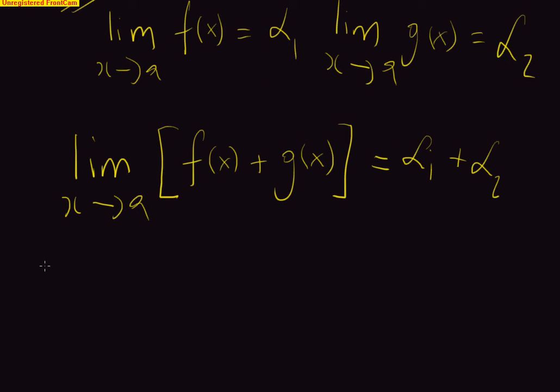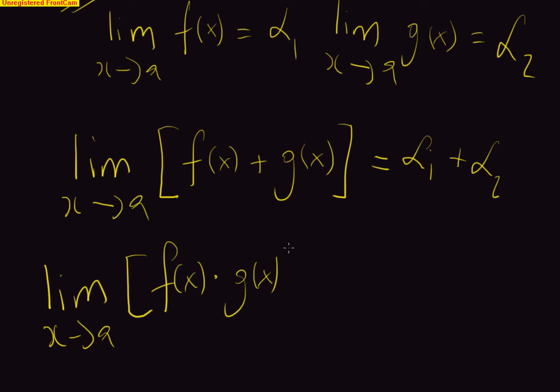If we have to find the limit as x approaches a of f of x multiplied by g of x, that's equal to the limit of the first function times the limit of the second. So it's also the product of both limits. This is a very interesting thing.